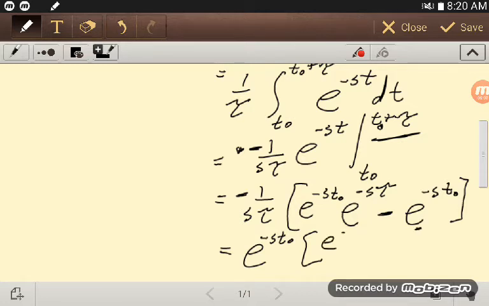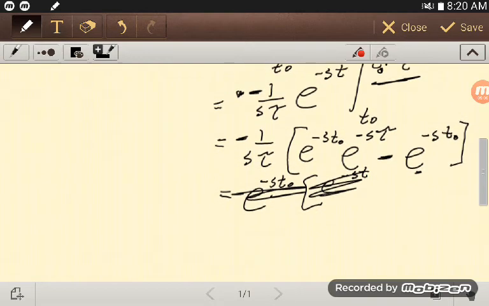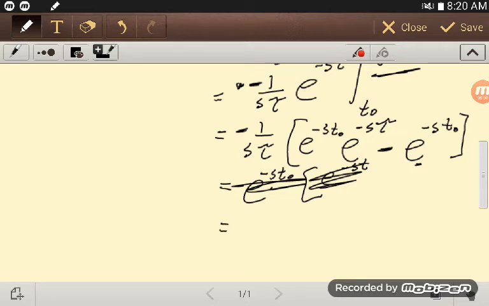So e to the minus s t0. Right, so I factored that out. So I've got a minus 1, but I'm going to put this minus with it, so it's a plus 1.